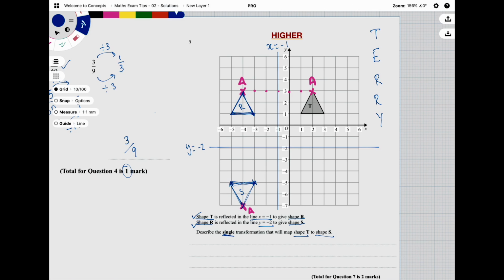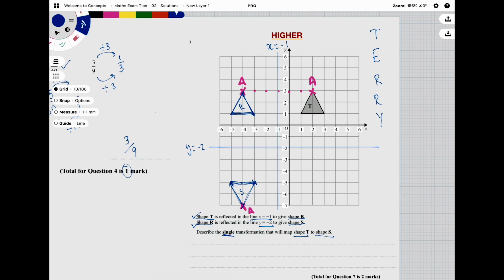Just because the question is instructing you to do reflection doesn't mean the answer is also reflection. The question says, describe the single transformation that will map T to S. So you've got to figure out how T to S is rotating.